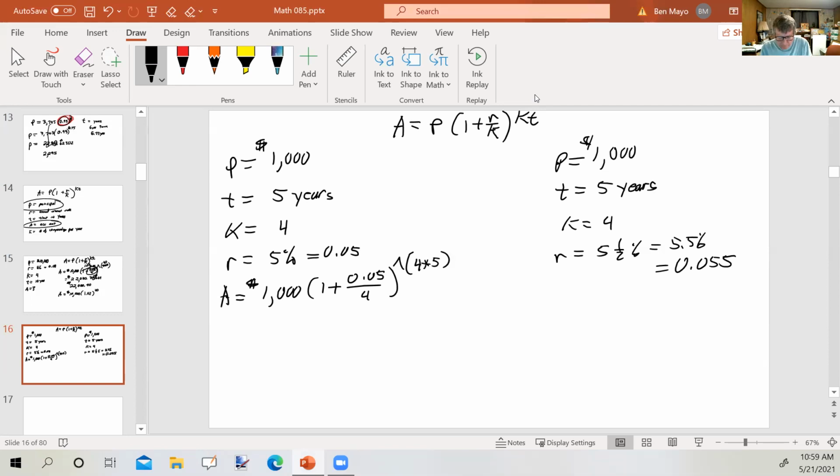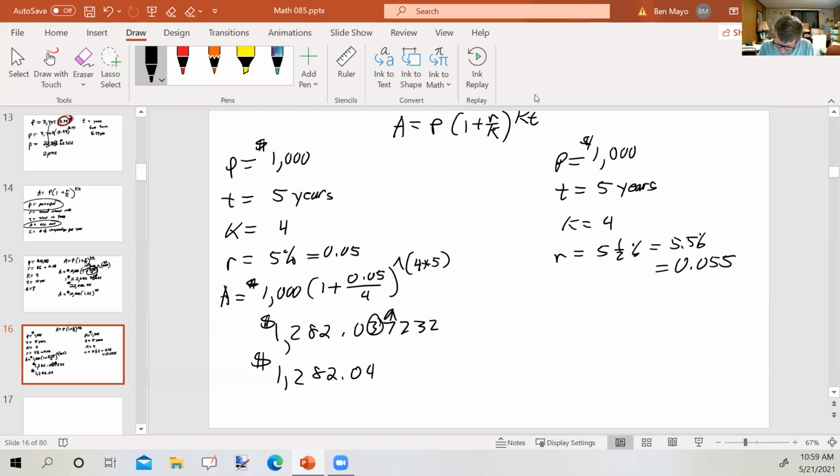Let's see what I get. 1,000 times (1 plus 0.05 divided by 4), close it up, raise it to the power (4 times 5), and I'm getting 1282.037232. If this is money, I'm going to round it to the nearest cent. So the tenth of a cent is going to round up: $1,282.04. That's the value of the first one.